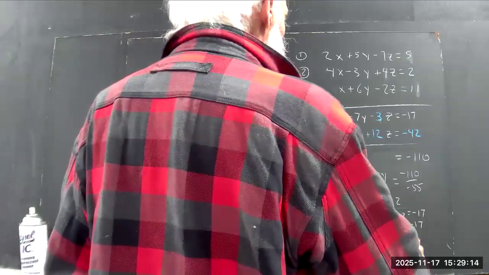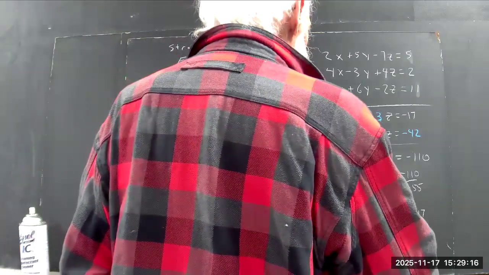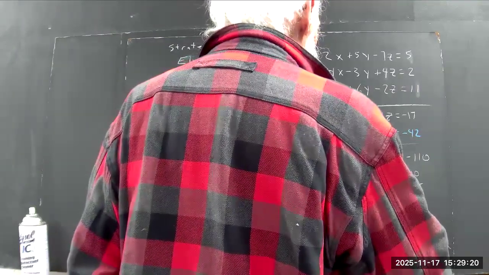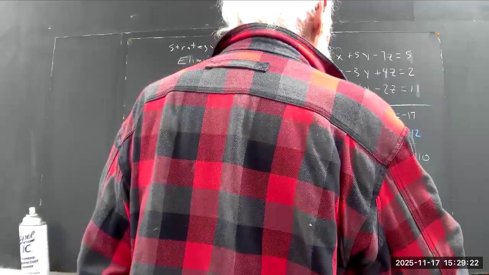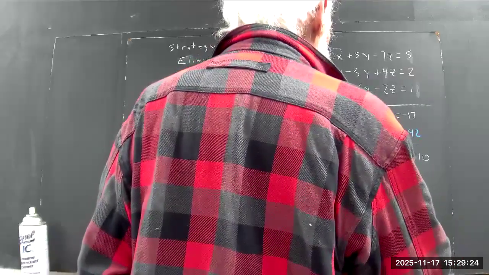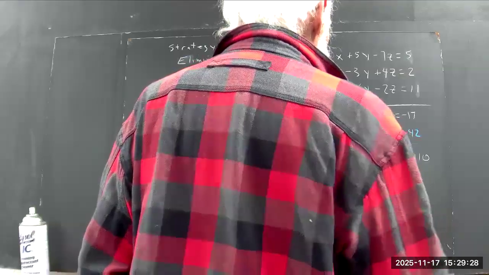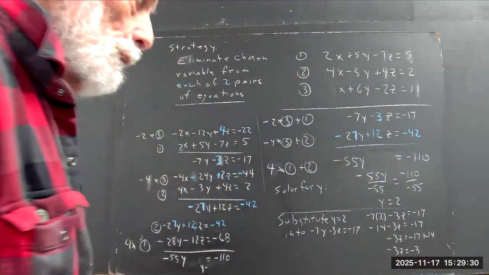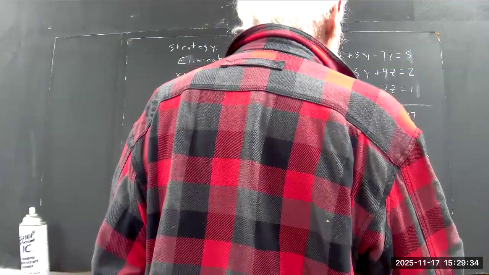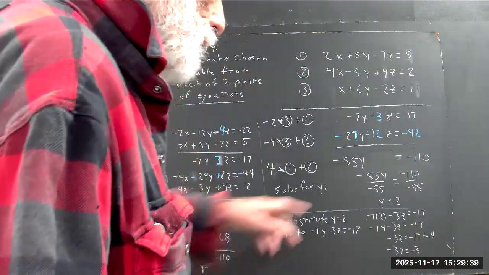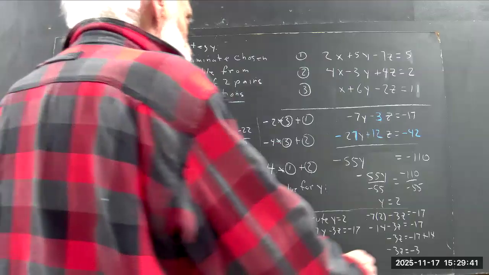We add 14 to both sides and we get negative 3z equals negative 3. I've skipped a couple of steps here. Don't skip steps unless you're really comfortable with all this. Fill in the steps that I skipped. We get z equals 1.